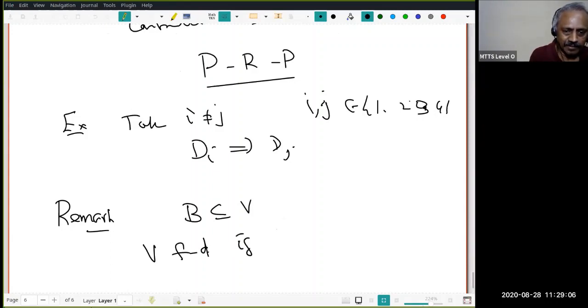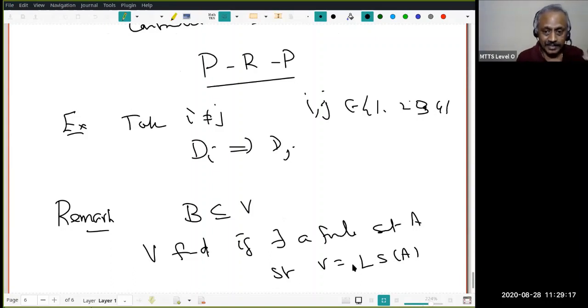If there exists a finite set A so that B is the linear span of A. That's it. I do not know what the dimension is, but I can define what finite dimensional is. You understood? So in some other lecture, I will look at the infinite dimensional case also. For the time being, that's it.